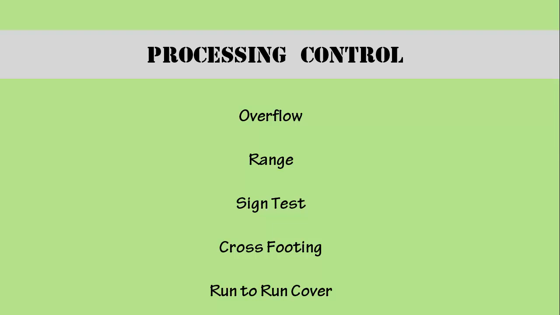Some error in that computation may occur, or there is a chance that unexpected high values may occur later on. So overflow is one of the common things that usually happens during the validation checks. Number two is the range. There could be a possibility that an allowable value range is applied to a field and you have just missed that range. That's the number two problem which can happen.